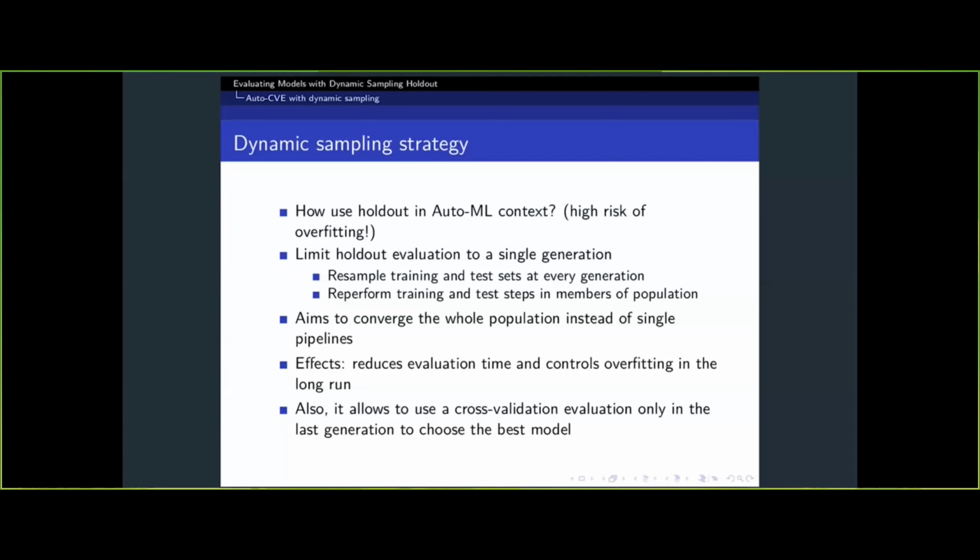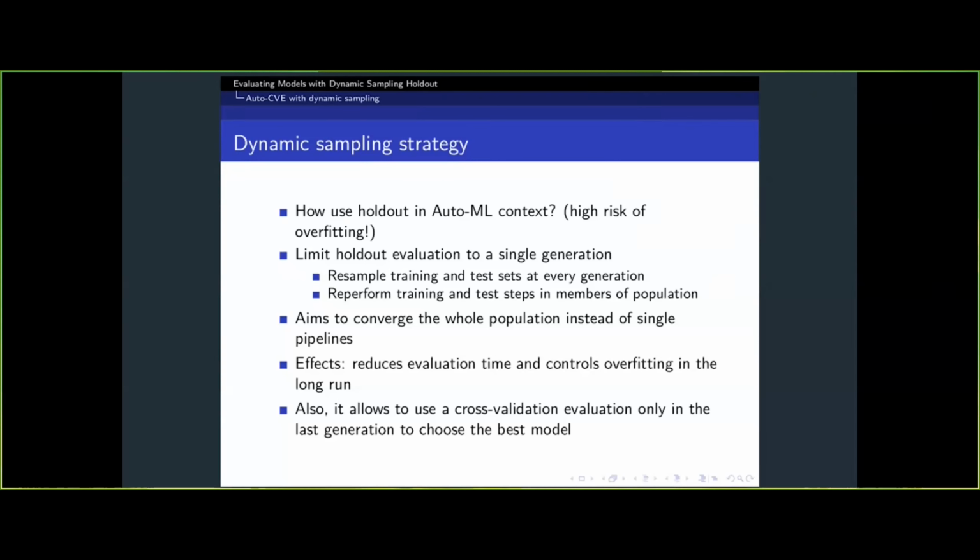But to use the holdout, we change a few things. First, we need to employ dynamic evaluation. For every generation, we resample the training and test sets and use them for evaluation of the whole population. The idea is to restrict the overfit to a single generation.